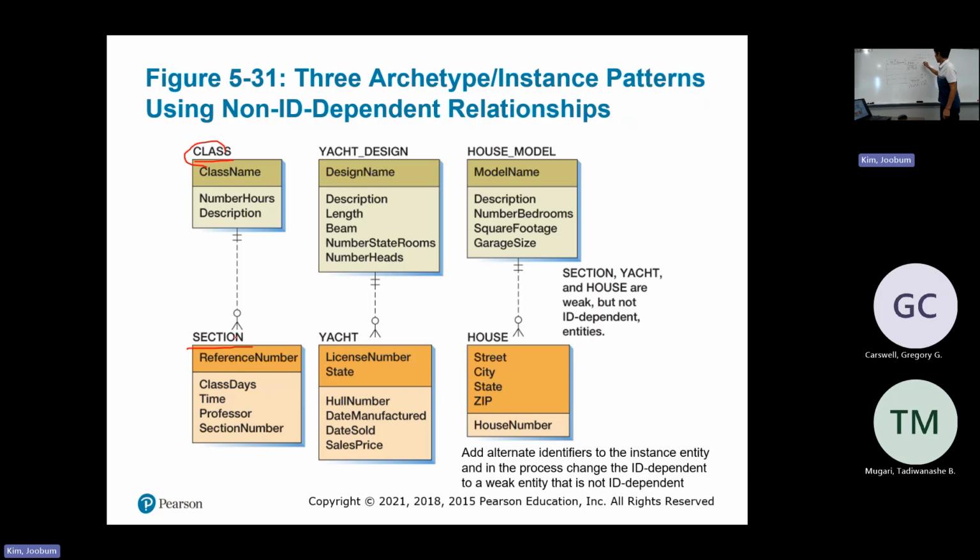If you have the class CSCI 3245, this is a class entity, and then we have multiple sections.